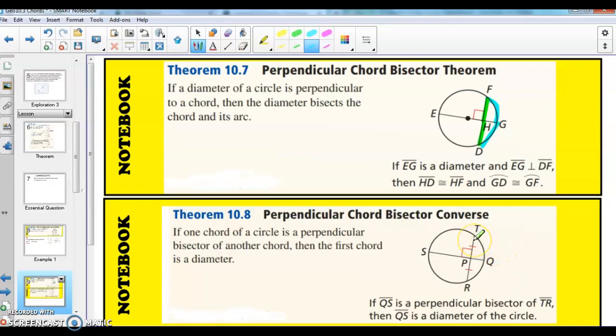So in other words, if chord TR is perpendicular to the segment SQ such that TP and RP are congruent, and TQ and RQ are congruent to each other, then SQ is the diameter of the circle.